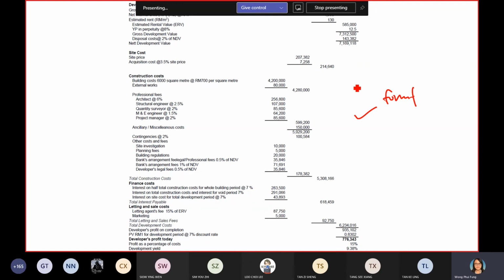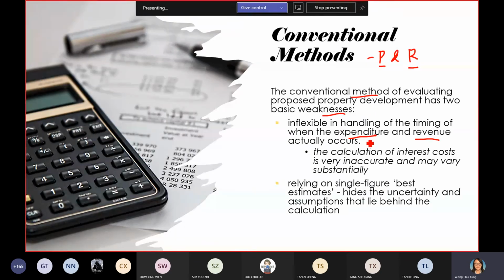In which month you need to pay funding fee? In which month you need to pay interest? You won't have any idea, isn't it? Because from this format, you cannot see when the expenditure you're going to spend, when the revenue is going to get. So that is the meaning of not flexible.